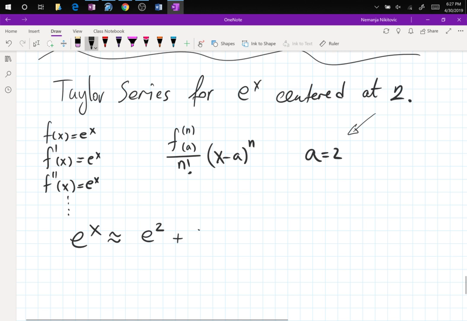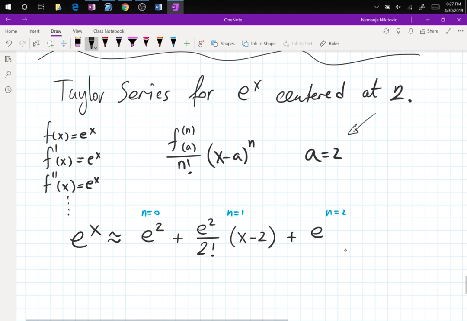Plus e squared over 1 factorial times x minus 2 to the first power. So guys, in a different color, here, blue, this is the term n equals 0. This is the term n equals 1. Now we work on the term n equals 2. What do I have?